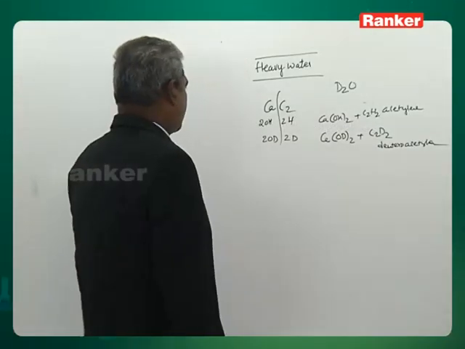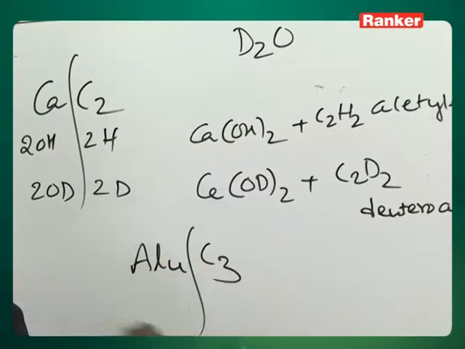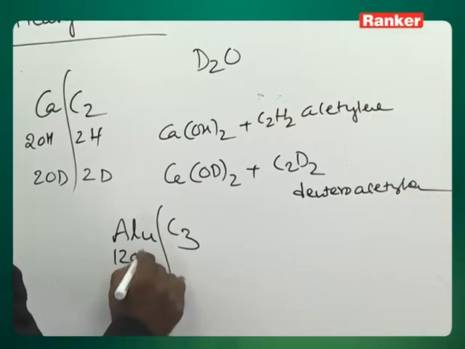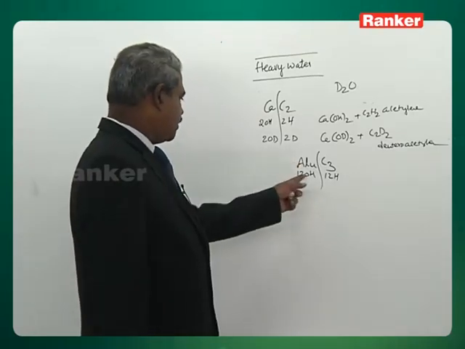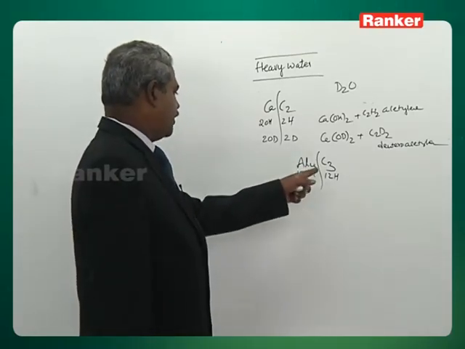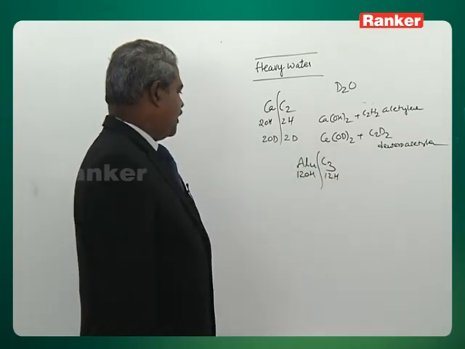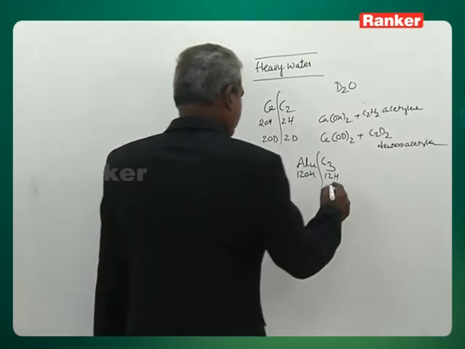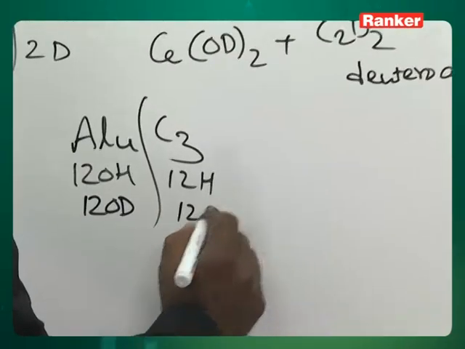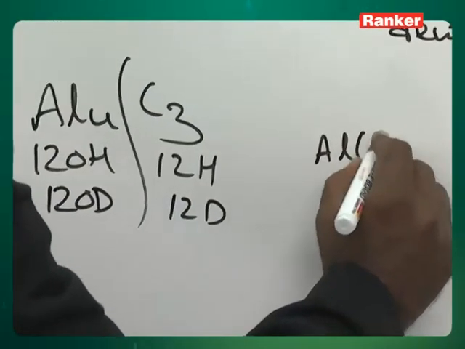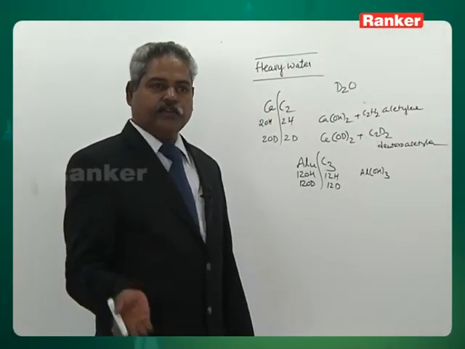Aluminium carbide, Al4C3. Break the bond: 12 OH, 12 H. Why am I using 12 OH? Because each aluminium wants 3 OH, so 4 aluminum is 4 into 3, 12. Each carbon needs 4 hydrogens, 3 into 4, 12 H. So, it is 12 OD and 12 D. Not only the reaction with heavy water, you are learning the reaction with water also.